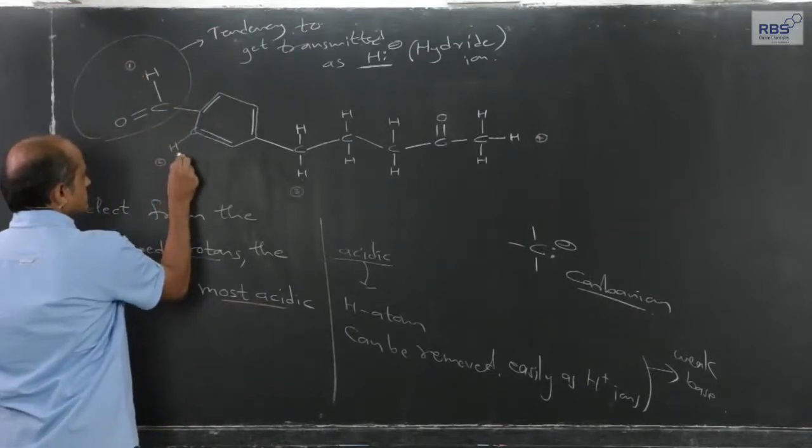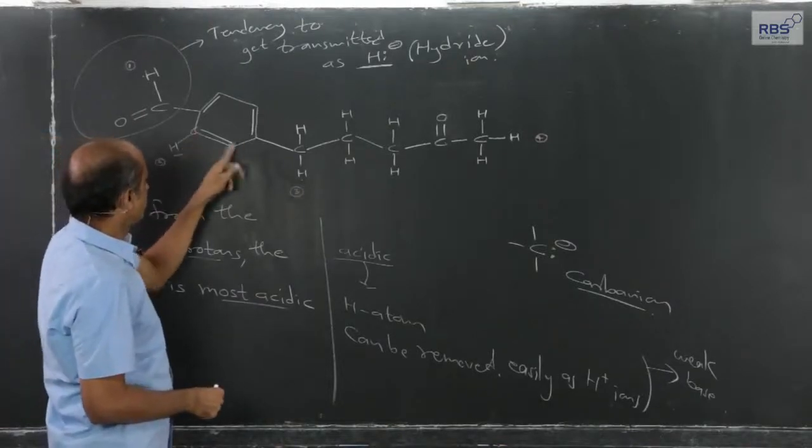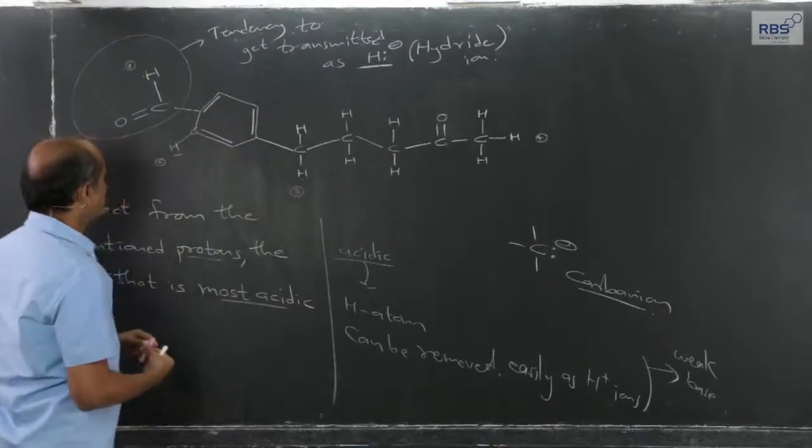Now, the CH bonds of the aromatic ring: there are such 4 CH bonds here, 1, 2, 3 and 4.